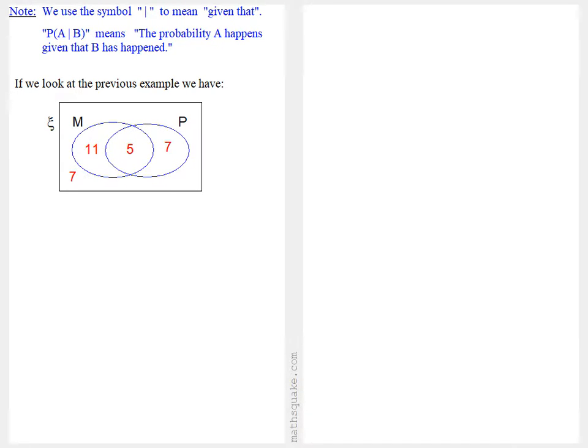Now if we look at the previous example and draw the Venn diagram, we have the probability that P happens given that M has happened is 5 out of 16.